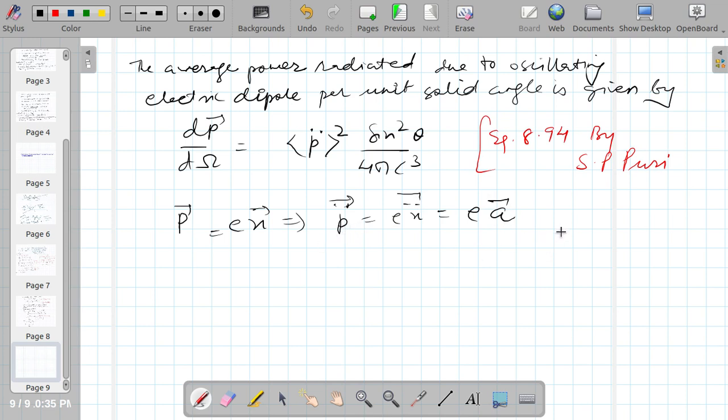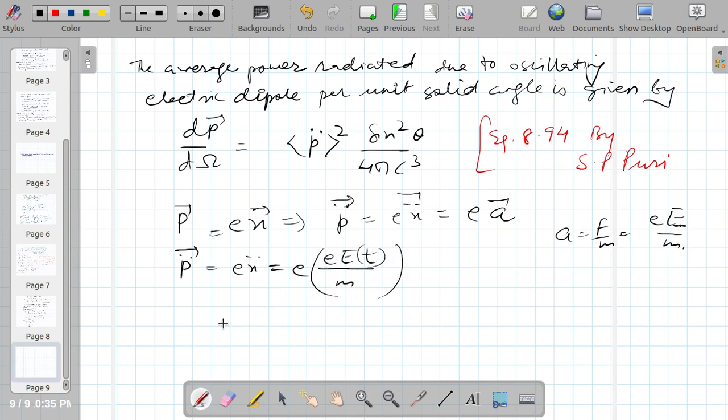But this acceleration is force upon mass, and force is nothing but e into electric field. So p double dot is equal to e x double dot, or e times eE over m, so it is e squared by m E. This is how the dipole moment can be written.